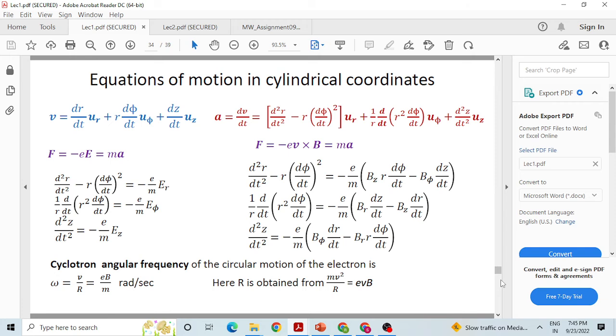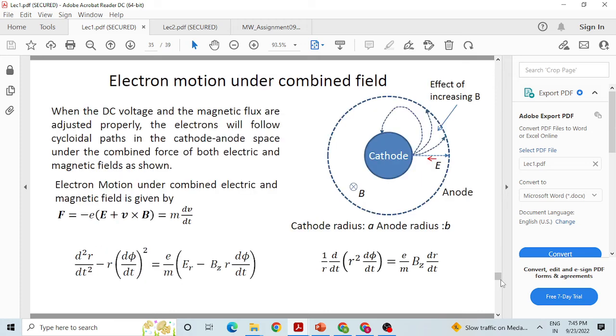So basically, you know the force, which is V cross B. I mean, the force due to the electric field and due to the magnetic field. So these two forces are there, and this will give an angular frequency for the electron's circular motion. Because of this combined field, the force due to the electric field and the force due to the magnetic field are getting combined here.